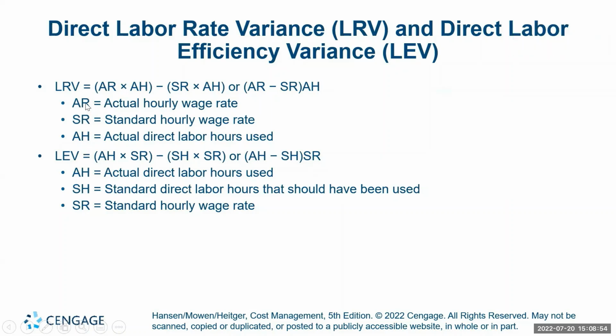So actual rate, standard rate, actual hours, standard hours. This is the formula for the rate variance: actual rate minus standard rate times actual hours worked. The efficiency variance: actual hours minus standard hours times the standard rate.